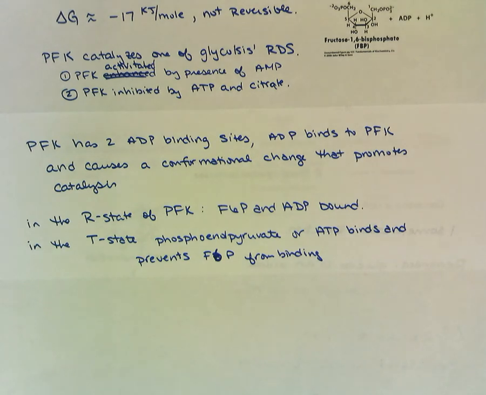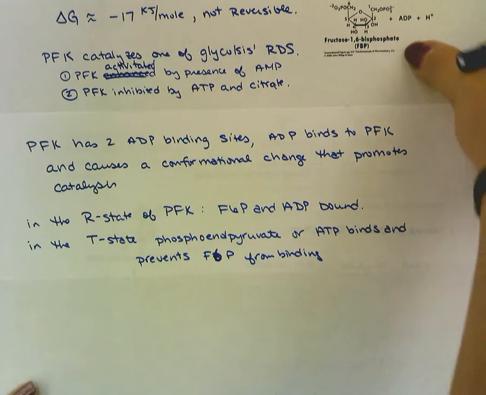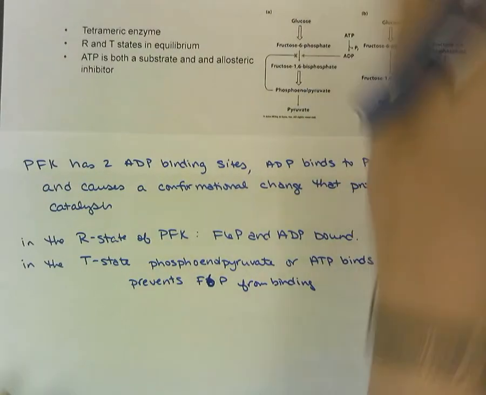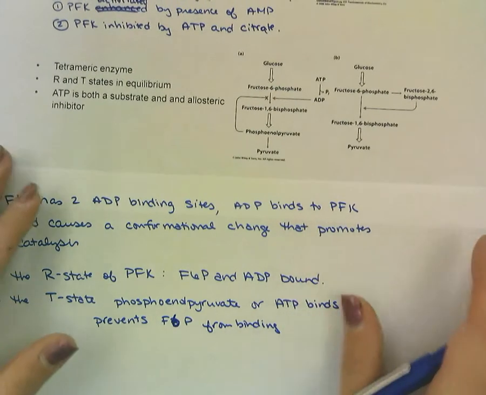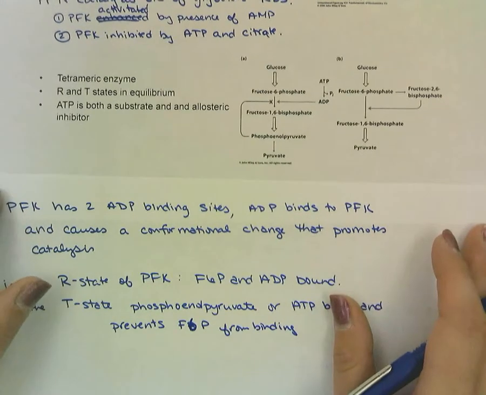In the T state, either phosphoenolpyruvate or ATP binds and prevents the fructose 6-phosphate from binding. So, which is this little figure down here. These T and R states are in equilibrium.